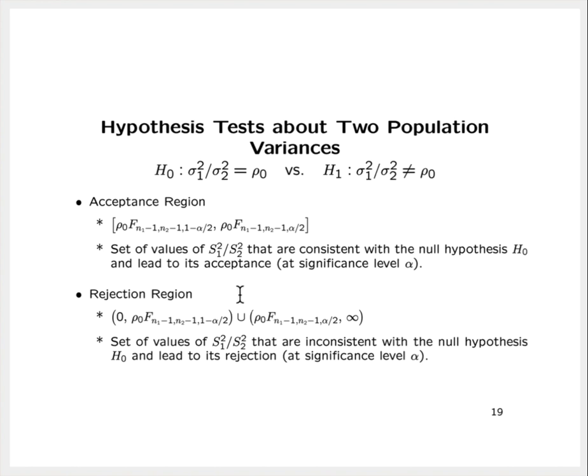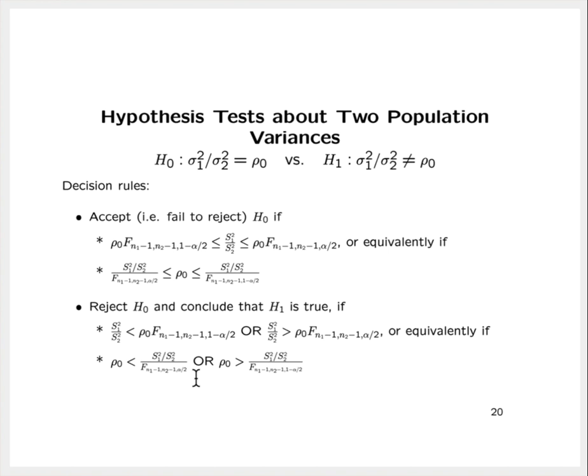The complement of that set, which is the union of these two intervals that you can see here, is the set of values of the ratio of the sample variances that are inconsistent with the null hypothesis and therefore lead to its rejection at a significance level of alpha. We can restate each of these in terms of decision rules.